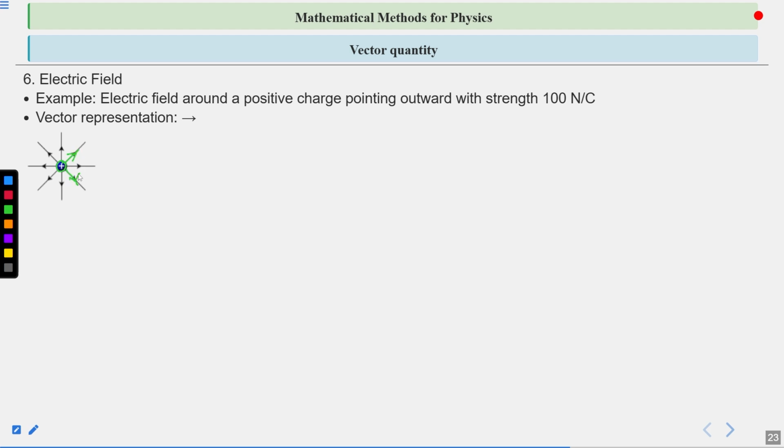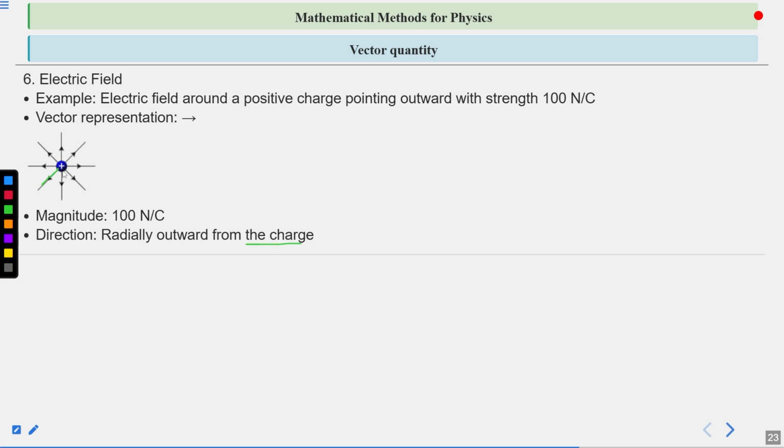The definition of electric field: the space around a charged particle in which it gives electrical effect. Magnitude is 100 newtons per coulomb. Direction is radially outward from the charge. Yes or no? The direction is radially outward.